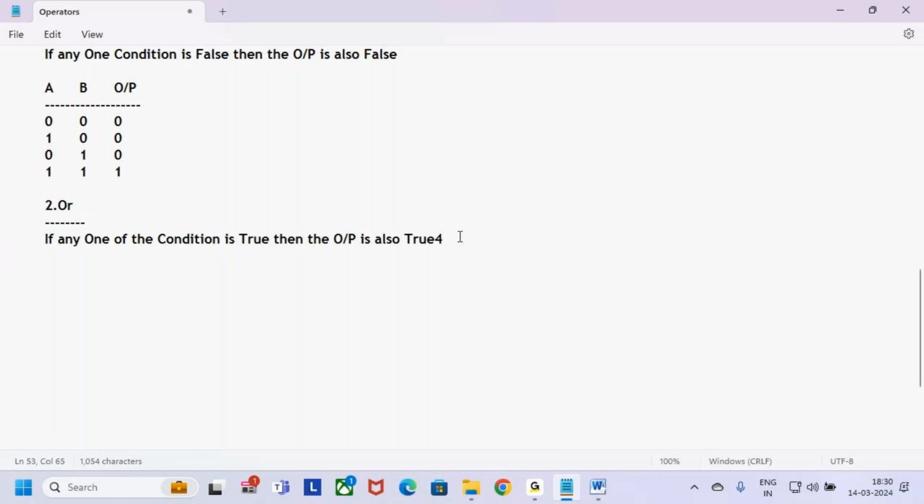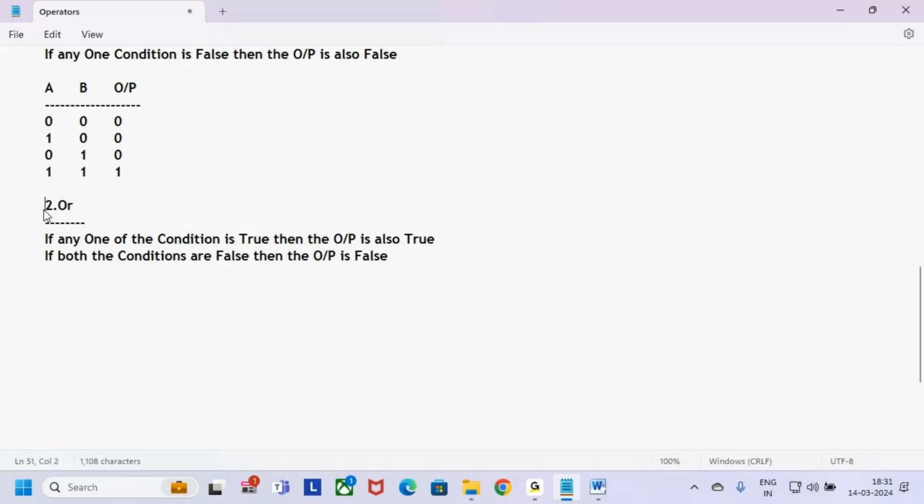When the output is false, when we'll get the output as false means, if both the conditions are false, then the output is false.